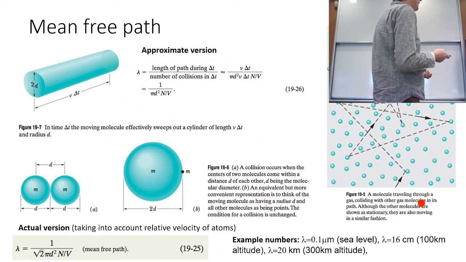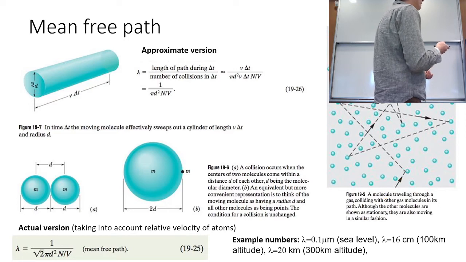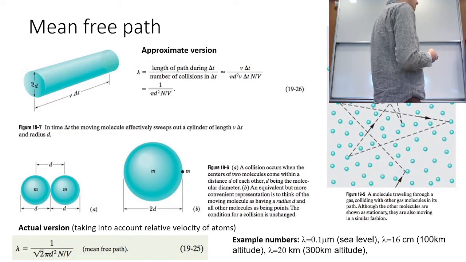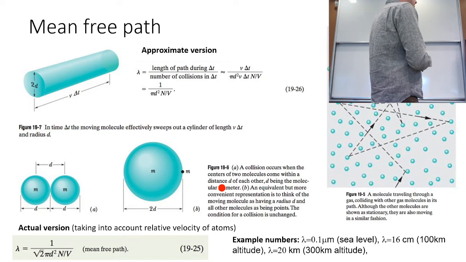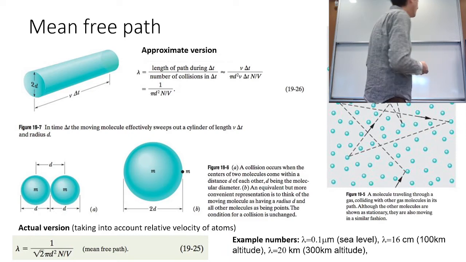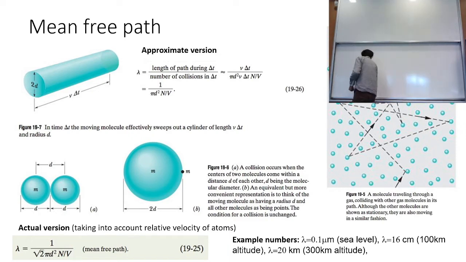Oh, actually, sorry, I think I got it the wrong way around. This one we can think of as the mobile one, and this dot as the fixed ones. So we're starting off with something like this. These are the fixed atoms, they all have diameter d, and this is the one that we're going to shoot in from the side.